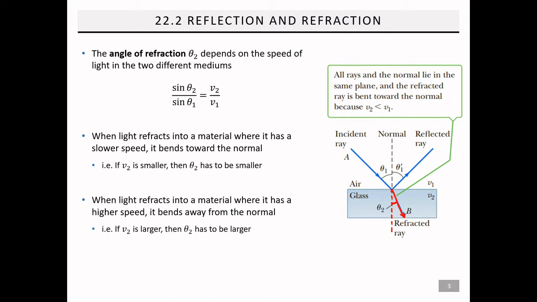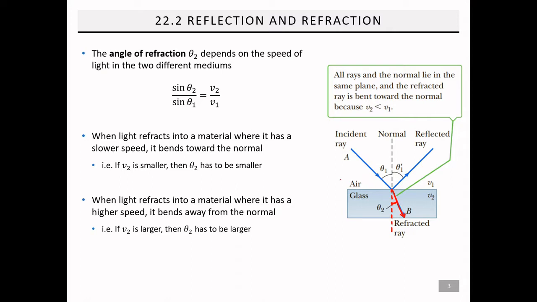In a vacuum, where there's nothing at all, light travels at the fastest speed in the universe, called the speed of light. When light passes from a vacuum into air, it actually slows down a little bit. When the light passes into glass, it slows down even more.